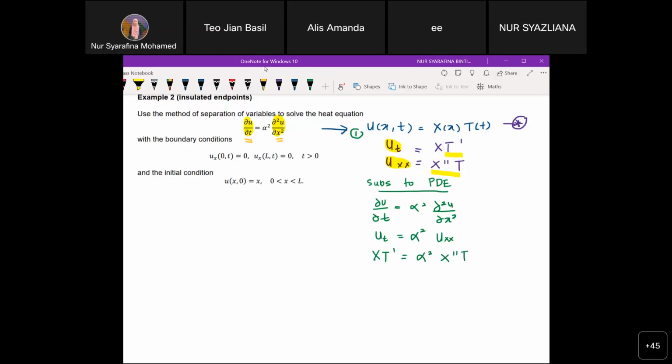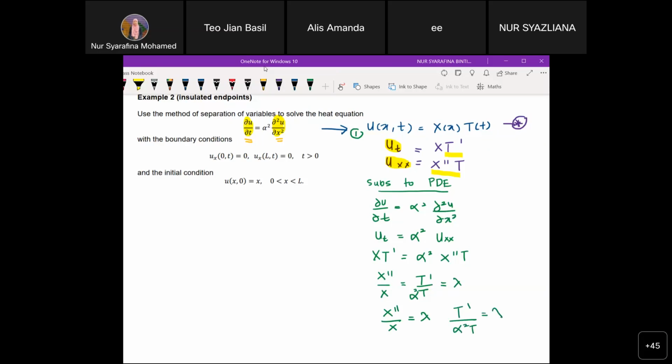Okay, so from here, you should rearrange according to the variable. So you have x double prime over x equals to t prime over t alpha squared. Okay, and these two equations are equal to a constant lambda, so we can just separate the equation according to the variable into two ODEs.